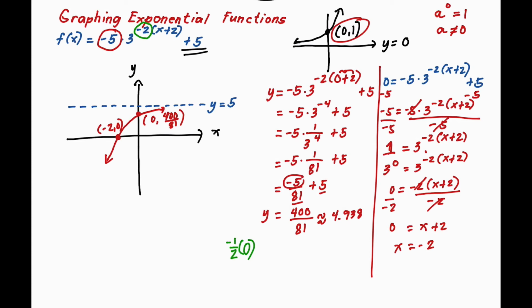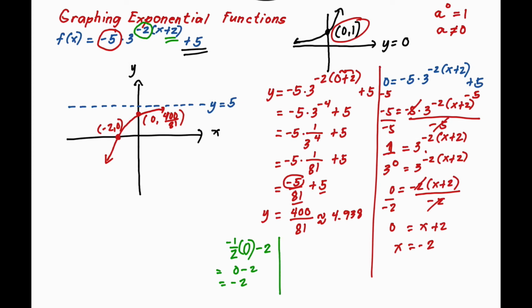And then there is the plus 2, which means a horizontal shift to the left 2 units, so we have to subtract it. That is 0 minus 2 equals negative 2. Same as your x-intercept. Let's verify. That's for your x-coordinate.